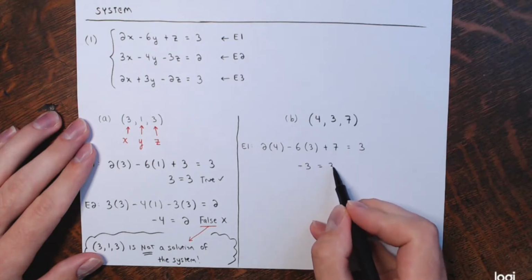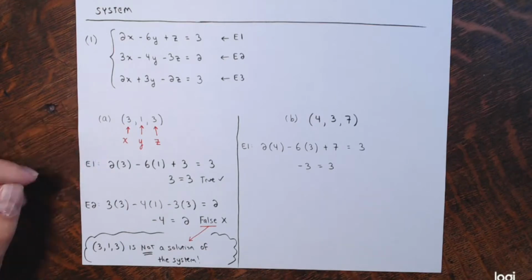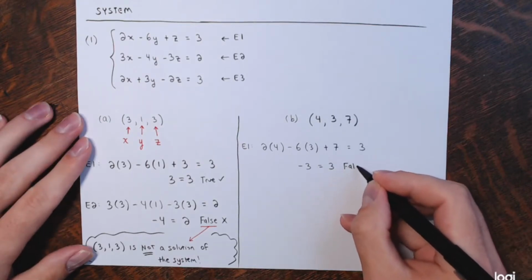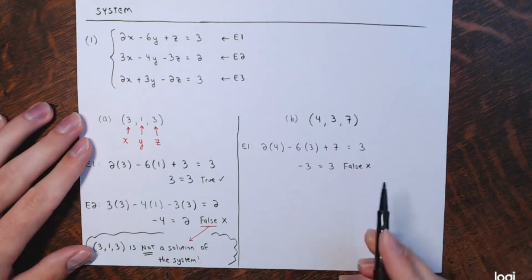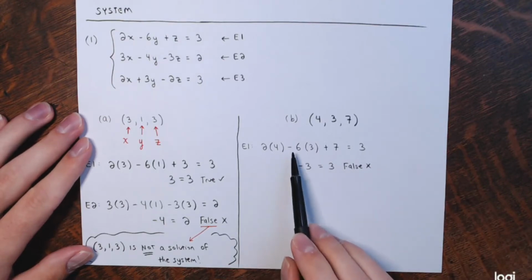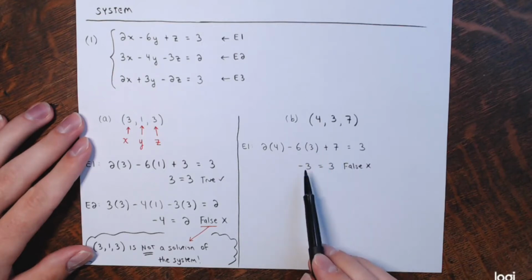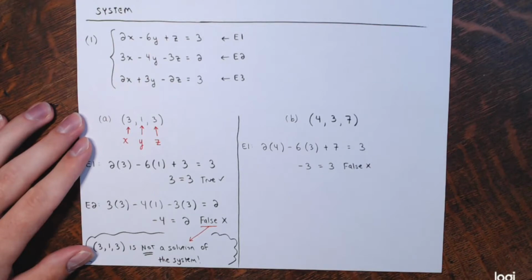And right away, I'm seeing that this is not a solution, because we have a false statement right from the get-go. Again, 8 minus 18 is negative 10, plus 7 is negative 3, not positive 3.